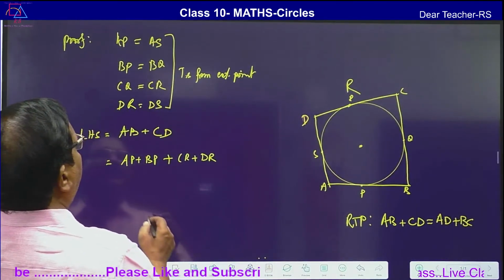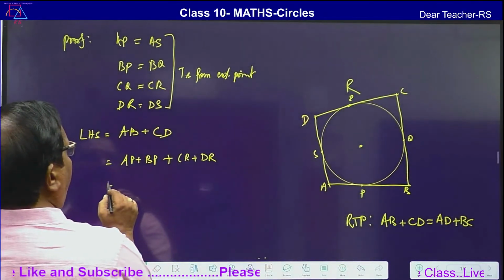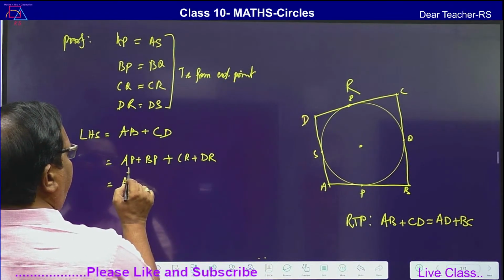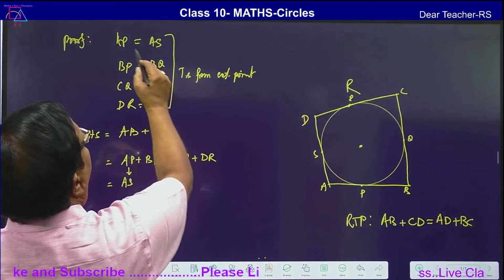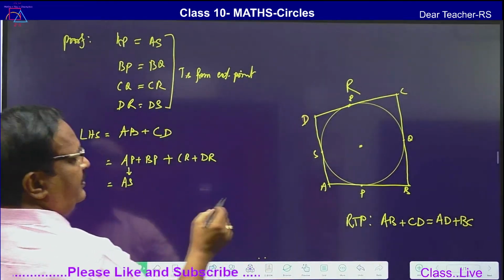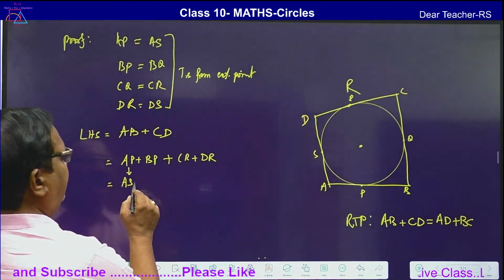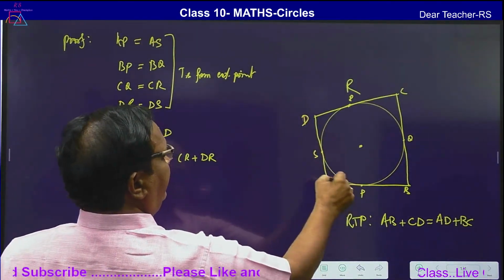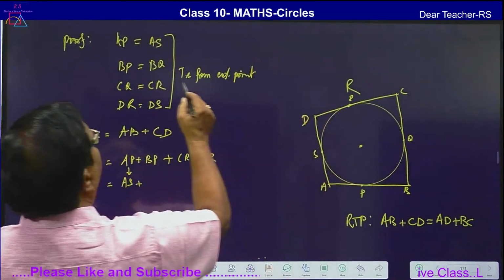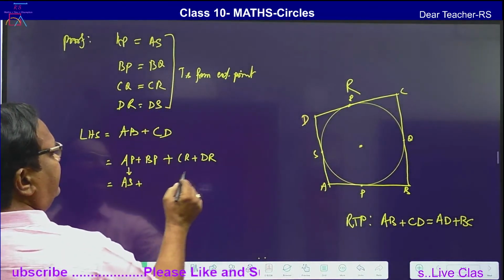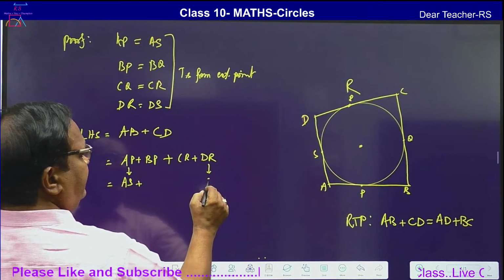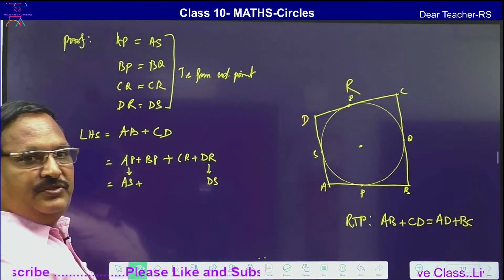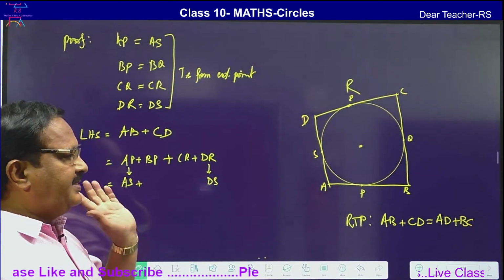So now in the place of AP I can write AS, AP is equal to AS. So now I have got AS. In the place of DR, DR is DS, so I will write DS. So now I got AS and DS.